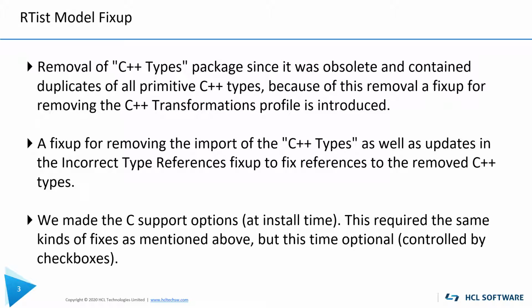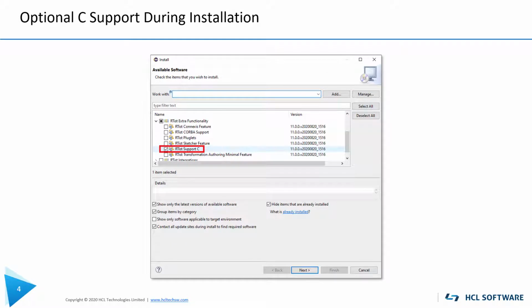We have also made changes in the installation where we have made C support optional. So when we are trying to install our latest product version, the user has a choice to choose this RSIT support for C. We have introduced this as a part of user flexibility.